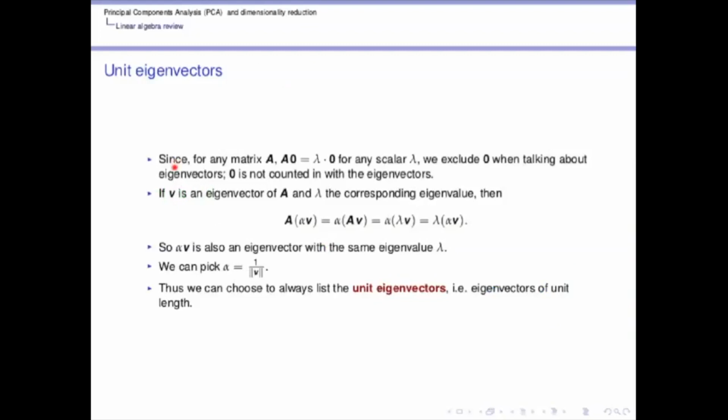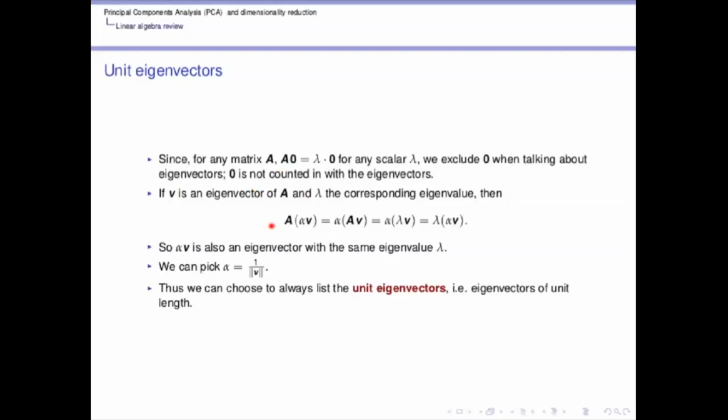We say that since for any matrix, A times 0 is equal to lambda times 0 holds, without any surprises, we should exclude the 0 vector when we speak about eigenvectors. But except for the 0 vector, we say that V is an eigenvector of this transformation A, and lambda is the corresponding eigenvalue if this relationship holds.